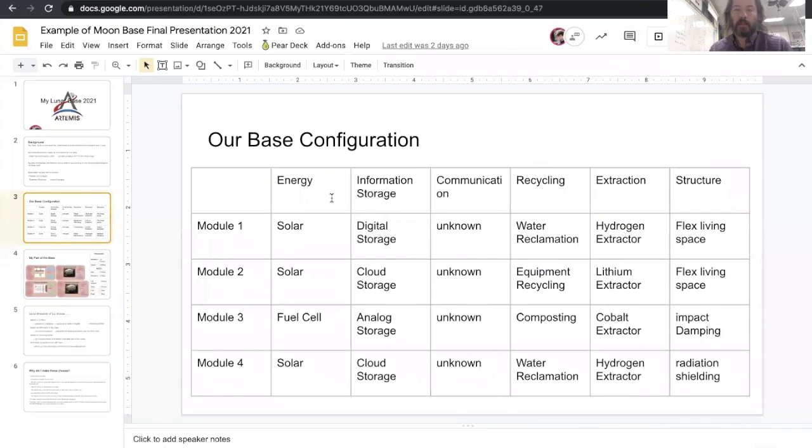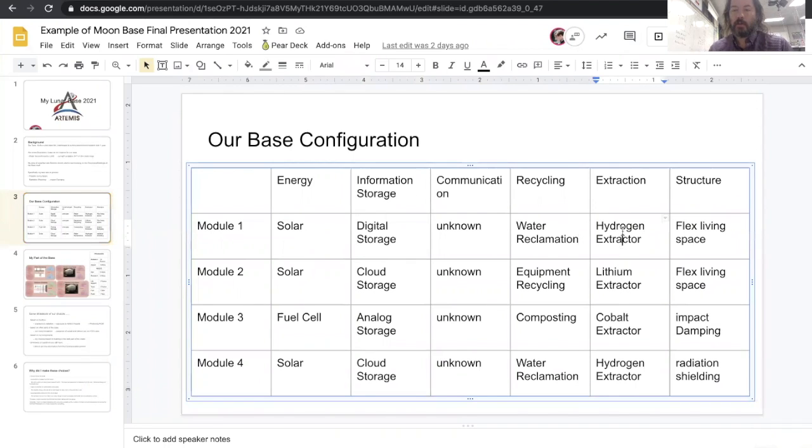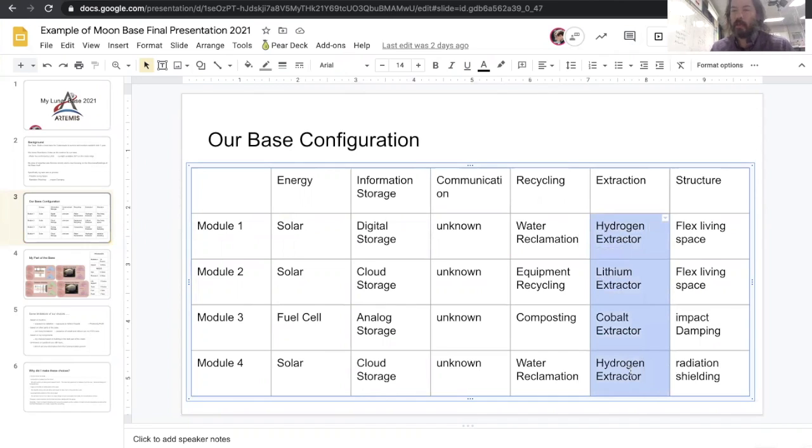So for example, this person has 3 hydrogen extractors, 1 lithium extractor. So that is hydrogen, that's extraction. So I'm going to have hydrogen extractor, hydrogen extractor, hydrogen extractor, and then 1 lithium. So I'm going to make those changes as best I can.